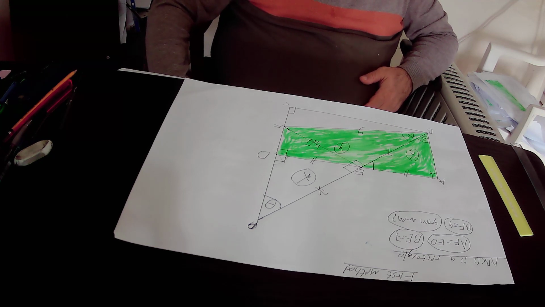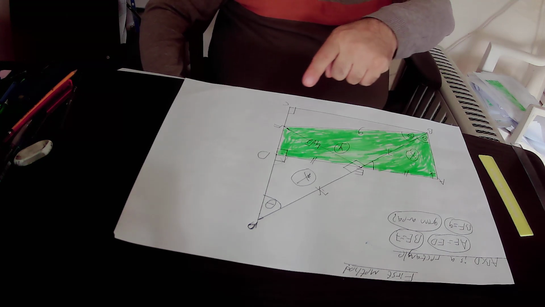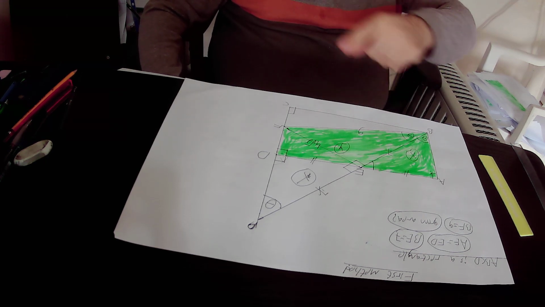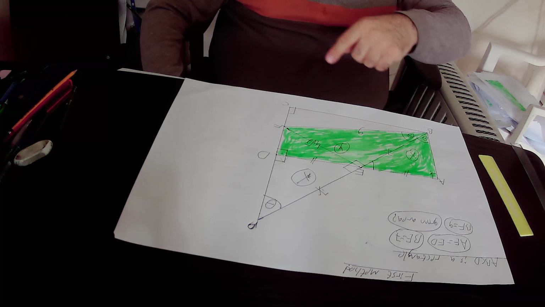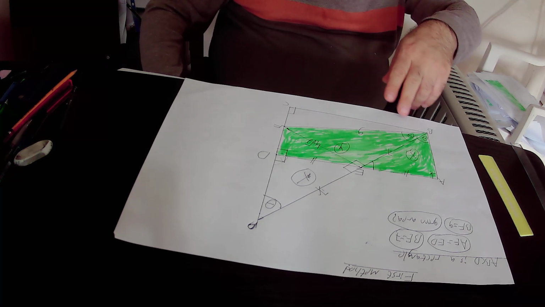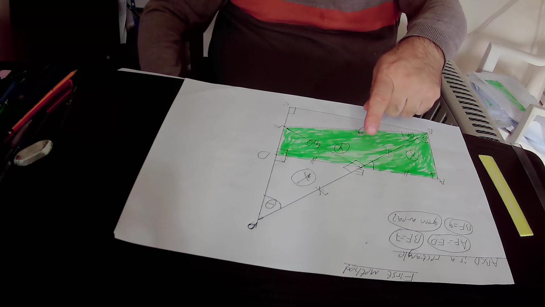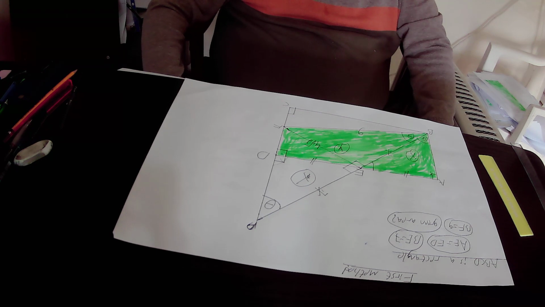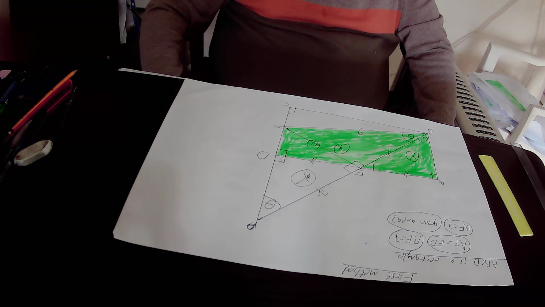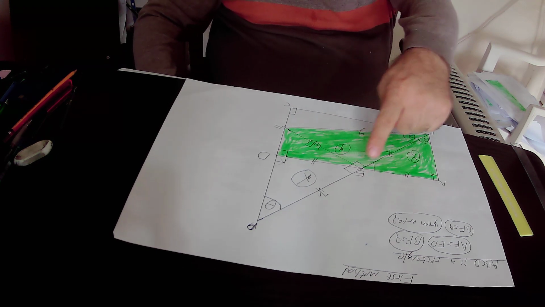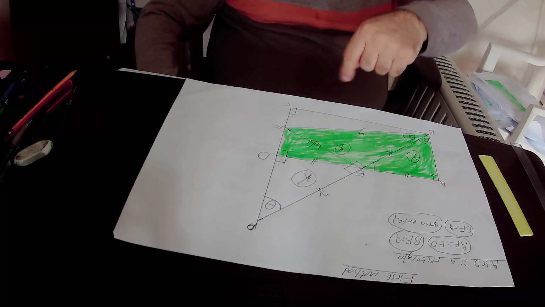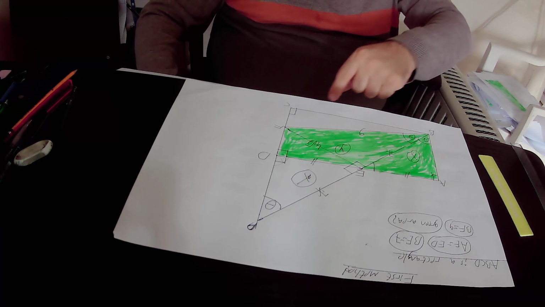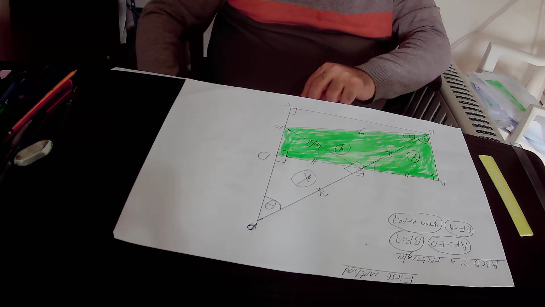If from point F we draw the median FE, then the median bisects the base PB, but it is also perpendicular to the base. That is to say, this angle equals 90 degrees, and this angle also equals 90 degrees. And because this angle is a right angle, triangle EBF is a right triangle. So we can apply the Pythagorean theorem in the right triangle EBF.